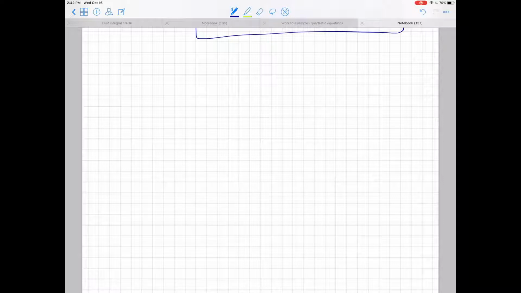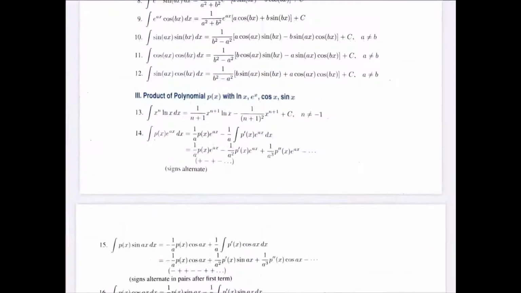Let's do one we can't do by hand. Okay, perfect. Number 18. This would be a pain to do by hand. Possible, but not fun. So what we'll do is we'll look at the table for products of sine and cosine.